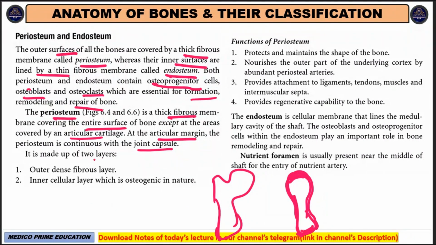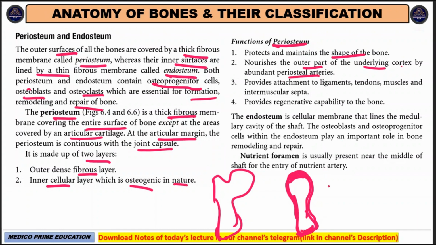Periosteum is made up of two layers: the outer dense fibrous layer, which I have already mentioned, and the inner cellular layer, which is osteogenic in nature. Function of the periosteum: it protects and maintains the shape of the bone. It nourishes the outer part of the underlying cortex by abundant periosteal arteries.